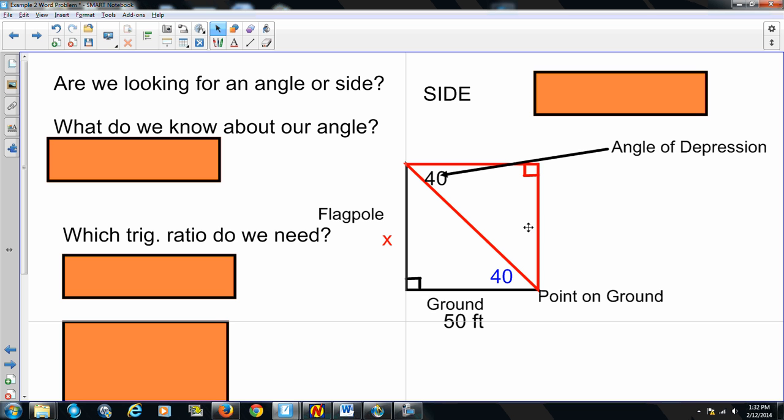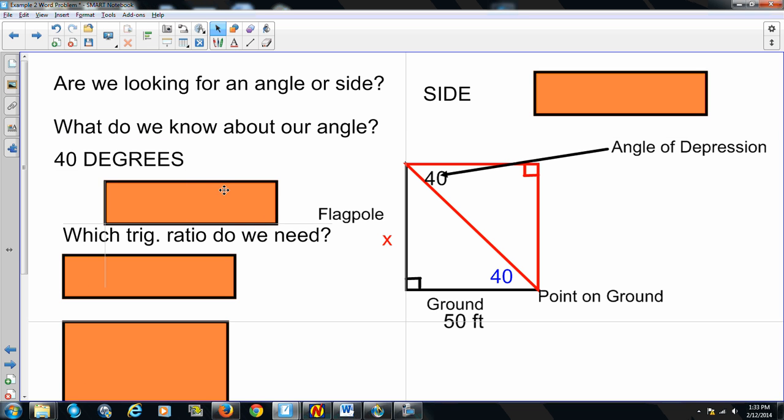Another way we could solve this problem is to just find the height of this vertical line right here. It would be the same distance as the flagpole's length. So we could solve it either way. I like to use what I already know, that these are parallel lines and I have a transversal, so I can use alternate interior angles. However, we're going to get the same answer either way we do it.